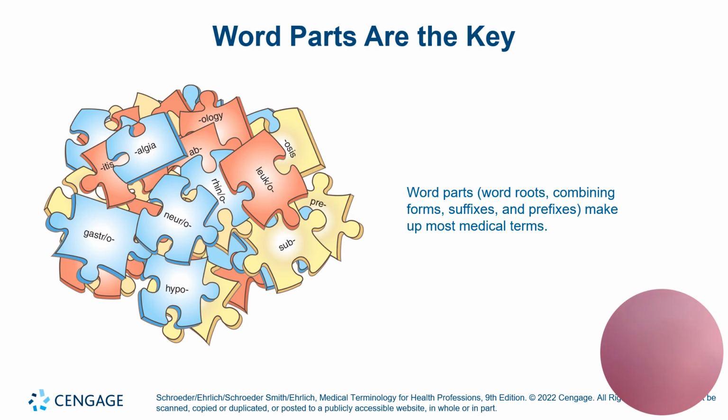So a suffix usually, but not always, indicates the procedure, the condition, the disorder, or the disease process. A prefix usually, but not always, indicates the location, the time, the number, or the status.